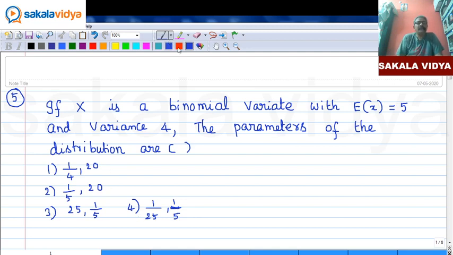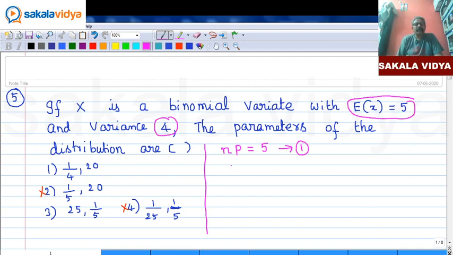So that means the second and fourth will be ignored. Out of these, 1 and 3 are the right options. So now here np is equal to 5 given, say equation 1, this is np.